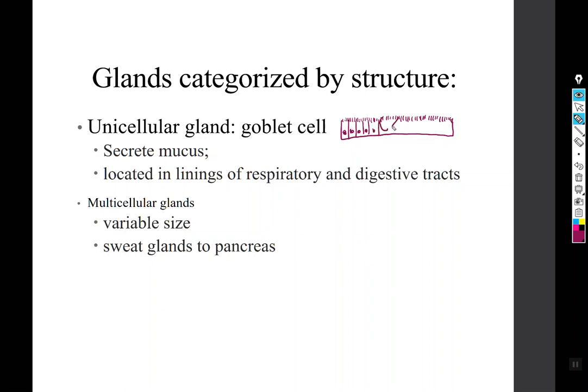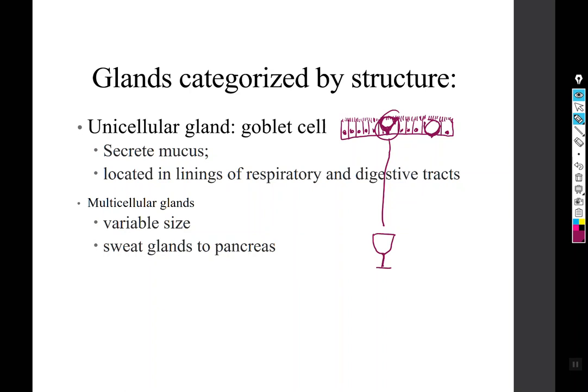And then every now and then in this epithelium, you're just going to see a big white spot. These are called goblet cells because they have a big blob of mucus at the top, and then the neck of the cell is really narrow, which means that if you were to get this out of the epithelium, it would look like this, which looks like a drinking goblet. So that's why they're called that.